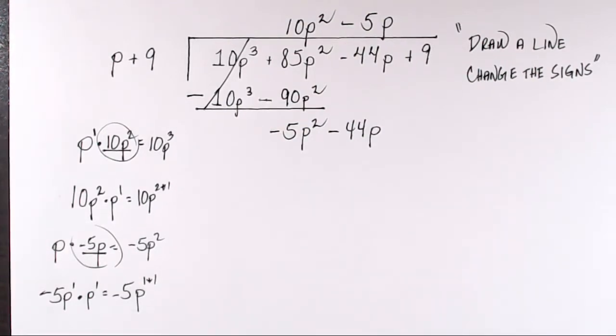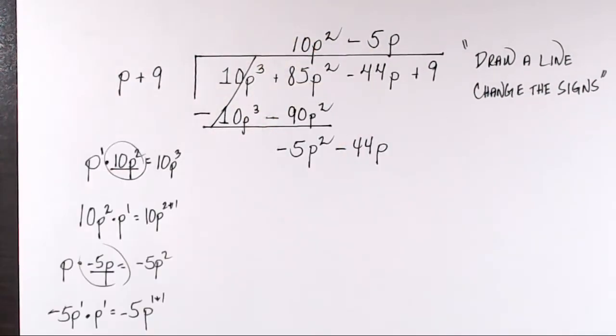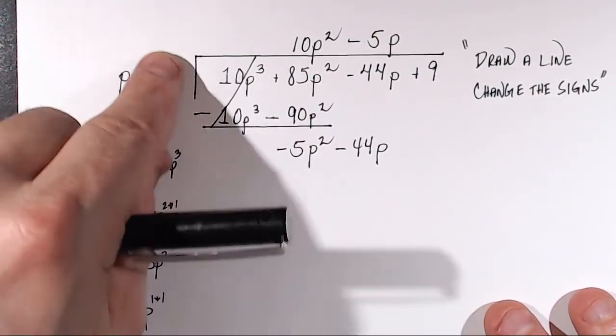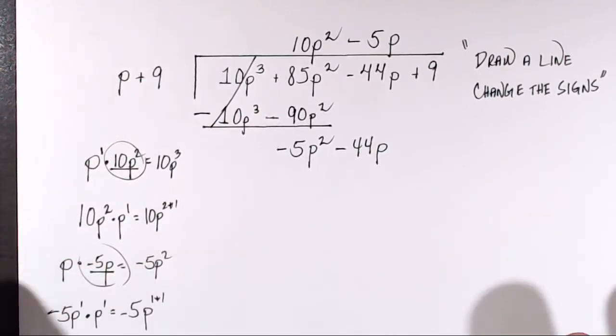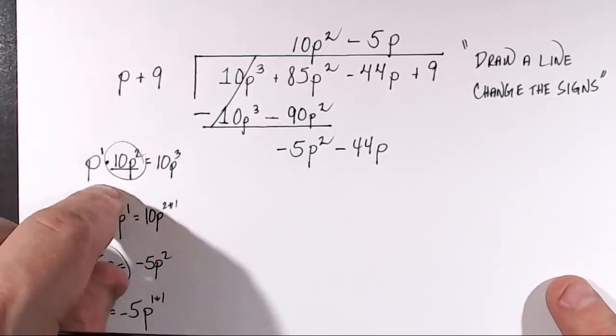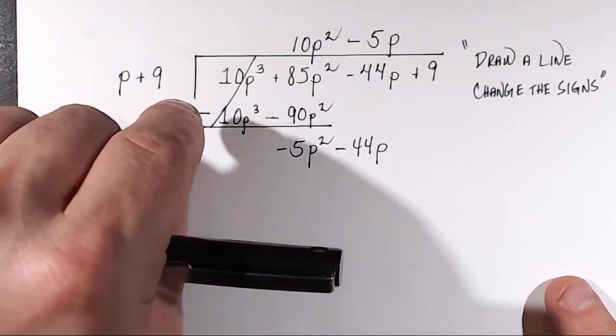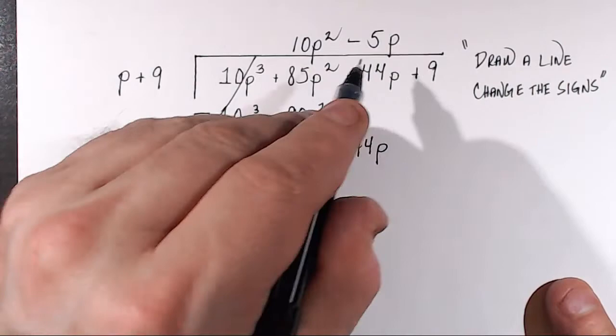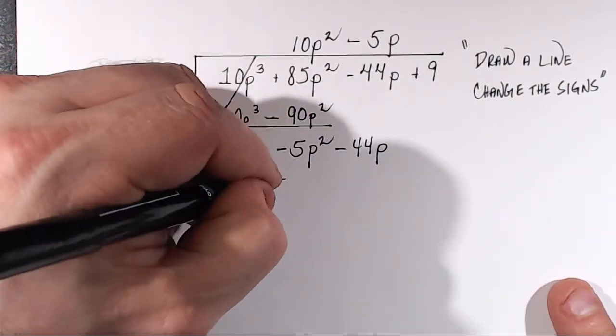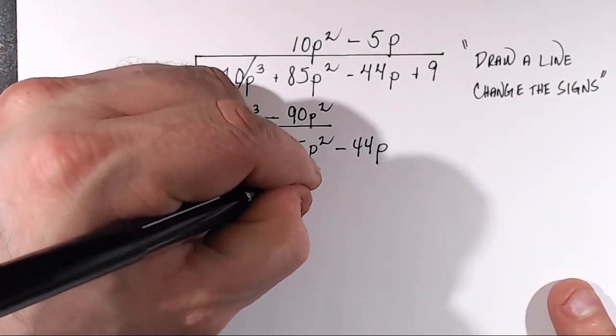Now you ignore the 10p squared for a second and take that negative 5p and multiply it through this binomial. Binomial is just what this is called: two terms, bi meaning two, nomial meaning number. So multiply negative 5p through the binomial. Negative 5p times p is negative 5p squared.